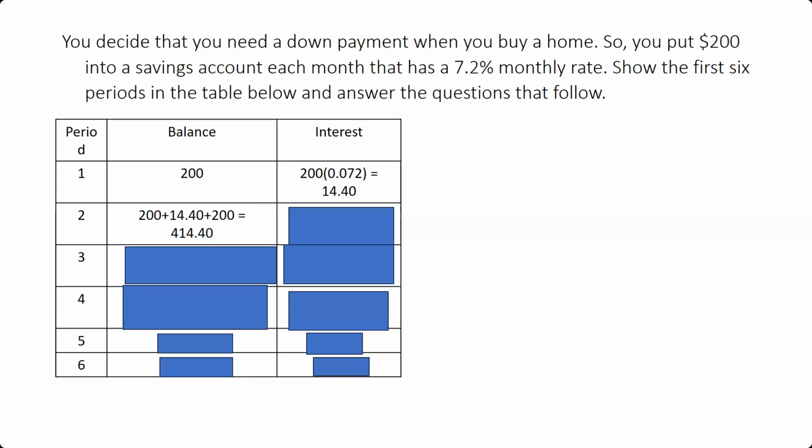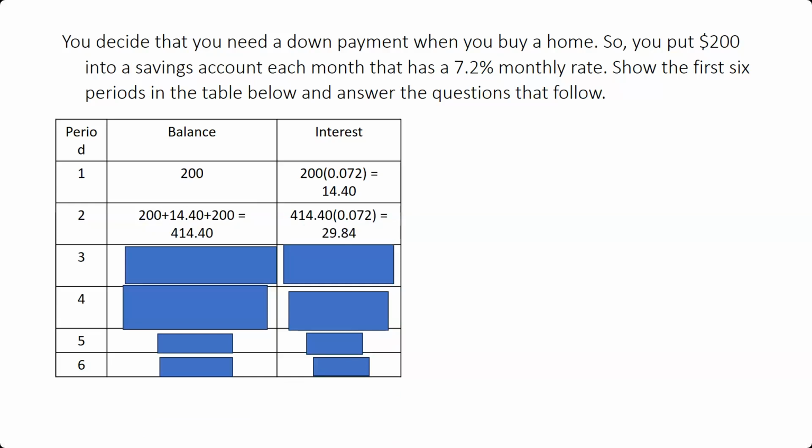So there's $414.40 in your account that month, and you make interest on all of that, because this balance is at the beginning of the statement. If we were in business, we'd look at whether you put it at the beginning or the end, there are different things, but we are assuming it's all put at the beginning.